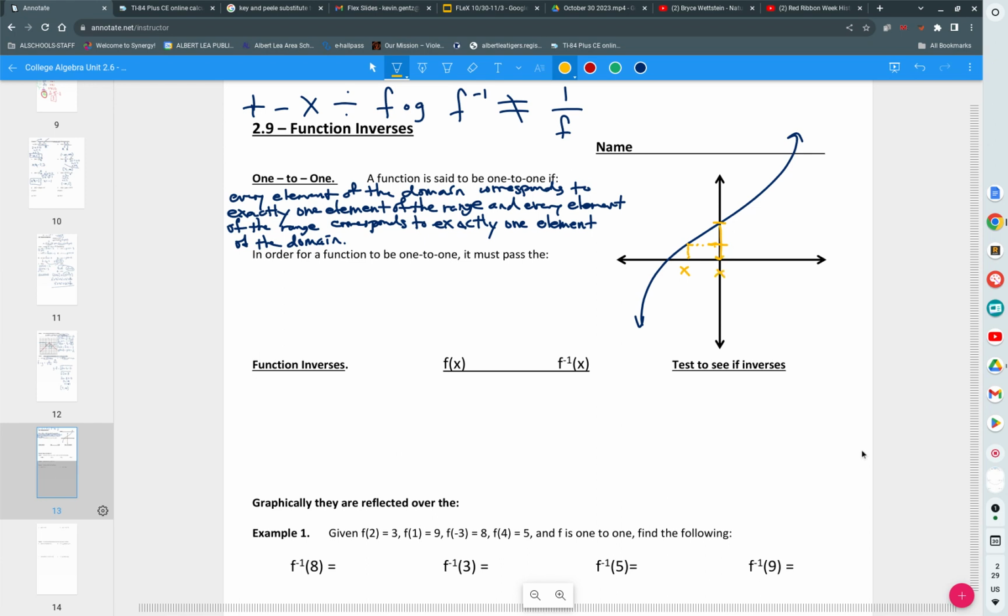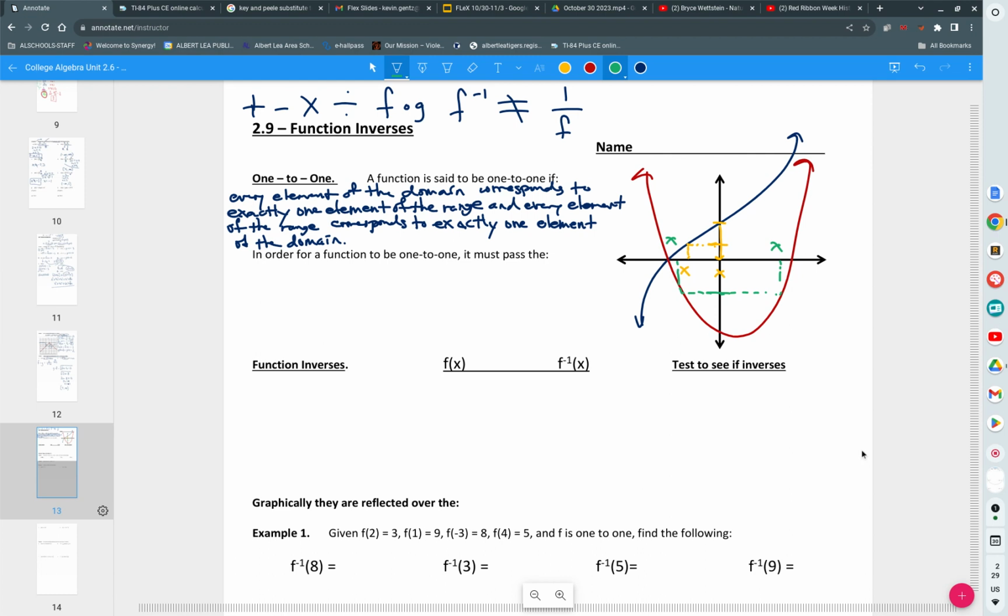Now, if I change this, let's look at a function like this. Max, you tell me where to stop. Okay, you told me to stop right here. Well, it looks like I have an output there. So X is there, and then I also have one there. See, for every Y, I'm going to have multiple X's.